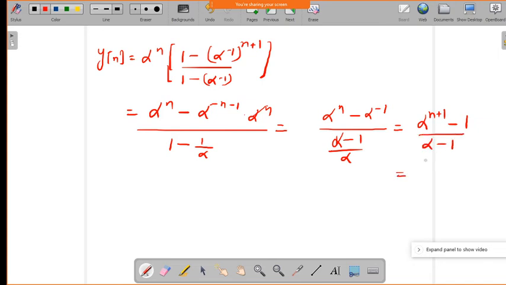So take minus outside in both the numerator and denominator, and you will get 1 minus alpha power n plus 1 divided by 1 minus alpha. So this is the expression for n greater than or equal to 0 and less than 4. Okay, so this is the expression.